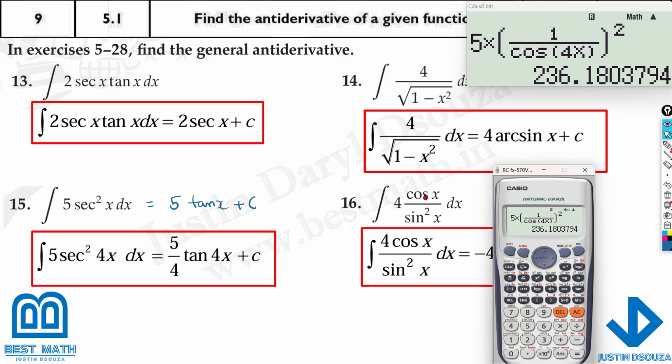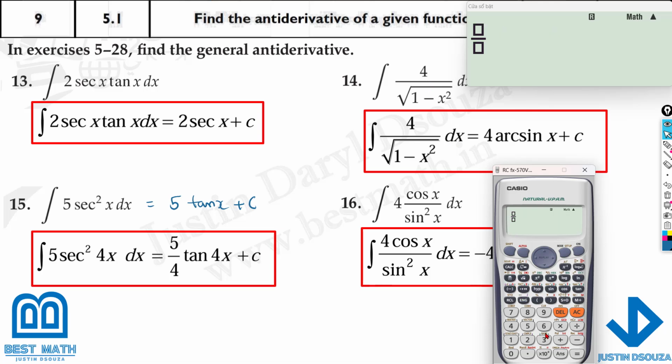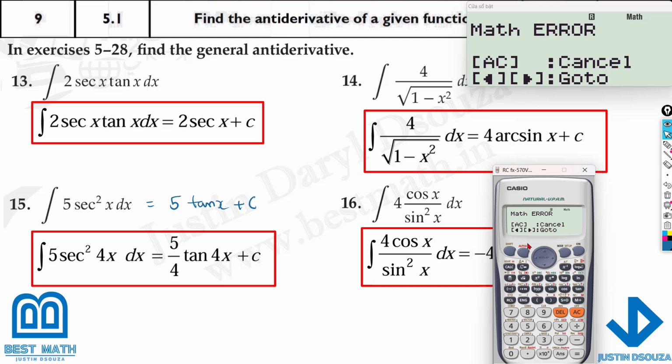Any problem can be solved this way, even if it's a square root, it's the same thing. Let me solve this out quickly. 4 divided by square root of 1 minus x squared. Calculated at 2, now I'm getting a math error. Why? Because if you put 2, it'll be negative numbers under the root. So in such problems, make sure you avoid the numbers which make this infinity or undefined.